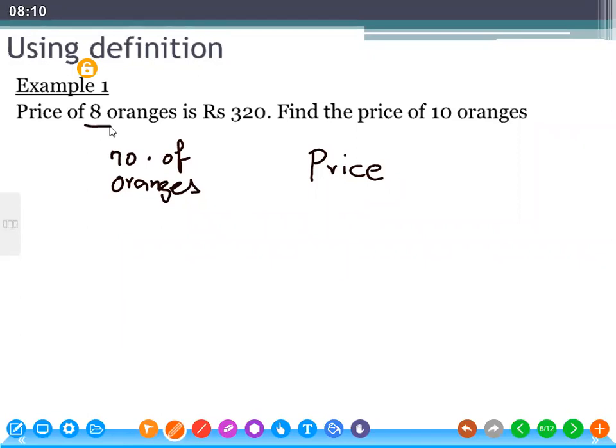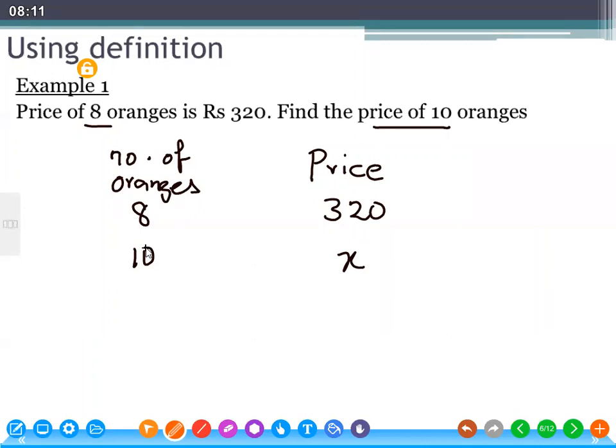So the number of oranges is 8 and the price is 320 rupees. You have to find the price of 10 oranges, so the price for 10 oranges is unknown. I'm going to use the unknown term X. The number of oranges is 10. So this question is a direct proportion question. You already learned the property of direct proportion: if the ratios are equal, it is a direct proportion.